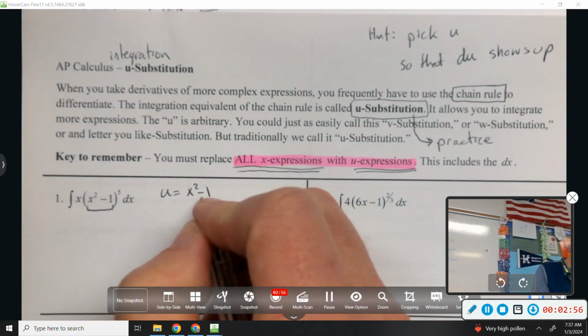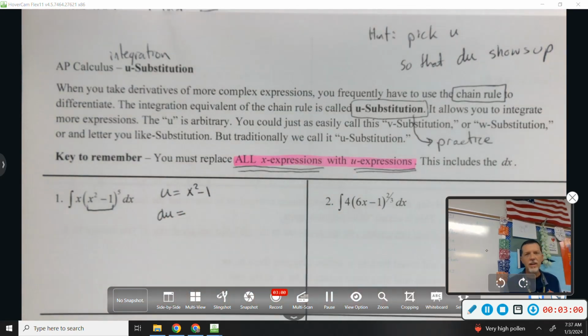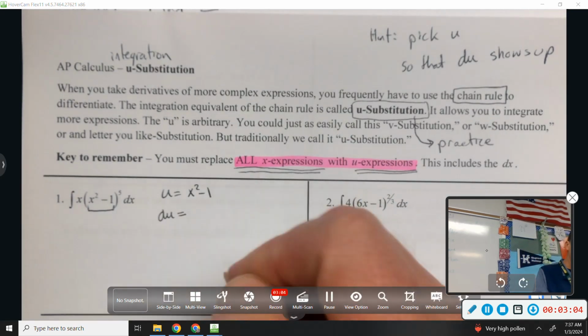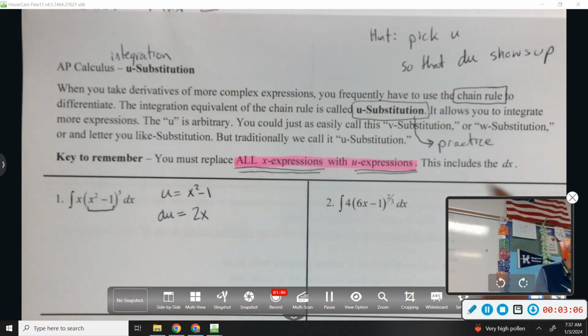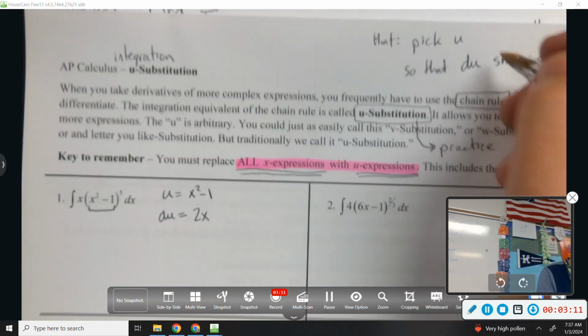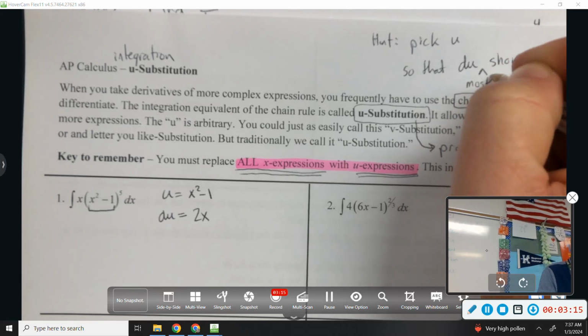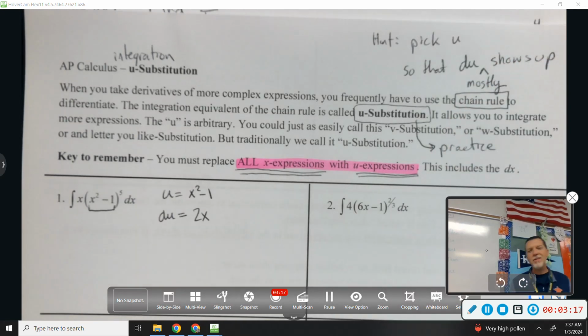If that's u, then the derivative of u, what's the derivative of x squared minus 1? 2x. Okay, well that's sort of there. Maybe we should have said so that du sort of shows up or mostly shows up. Because usually it doesn't match up perfectly. Usually you get close. You're like, well, I really wish that was a 2x there.